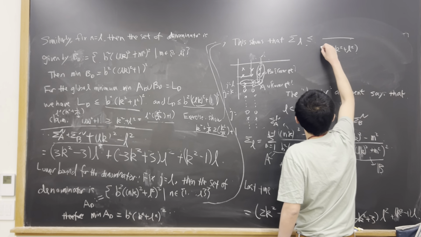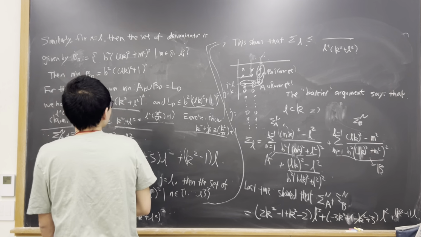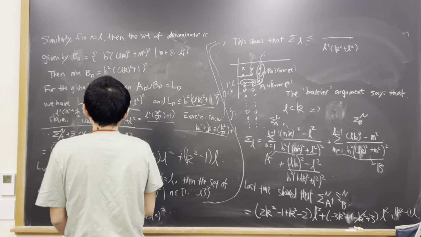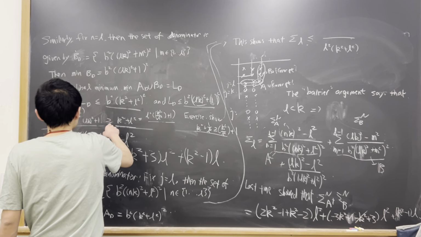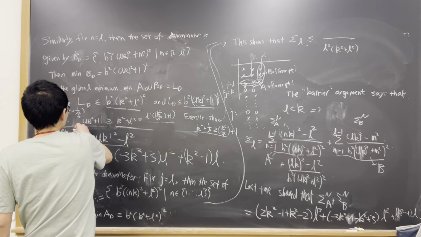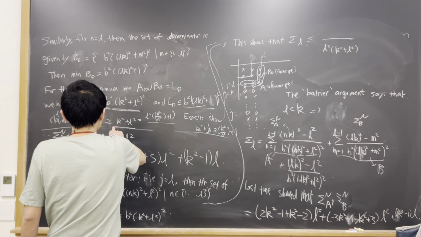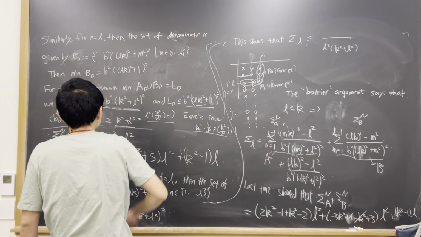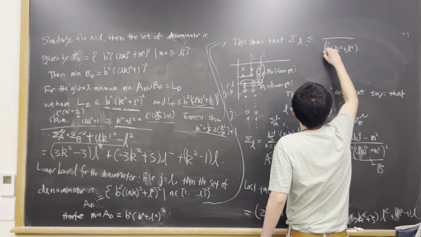Sorry, I feel like I'm deleting one. Wait, this should be b squared. Originally I deleted b squared here, right? So it should be b squared times k squared plus L squared. I don't think there's L squared.